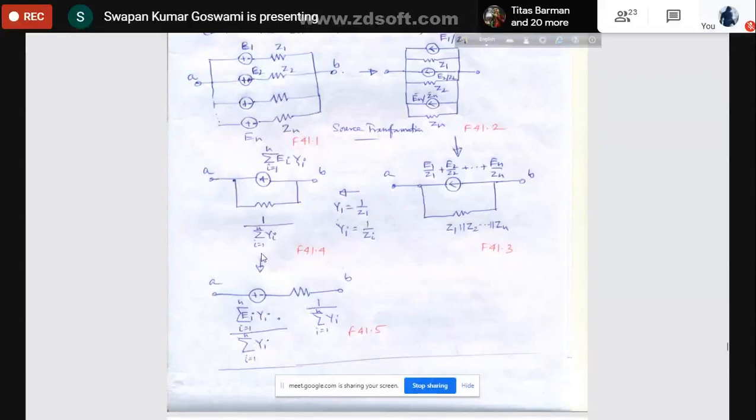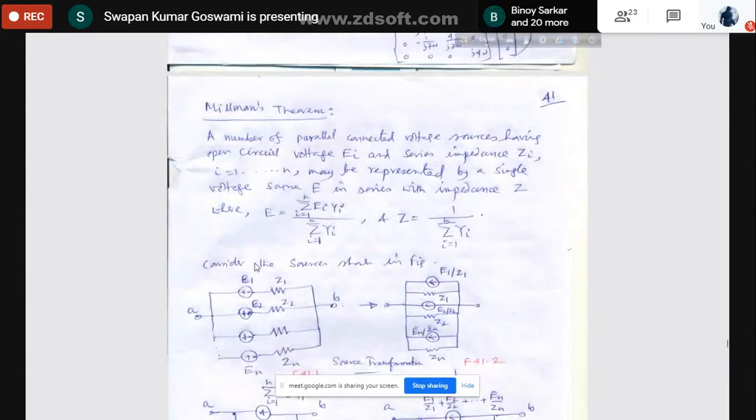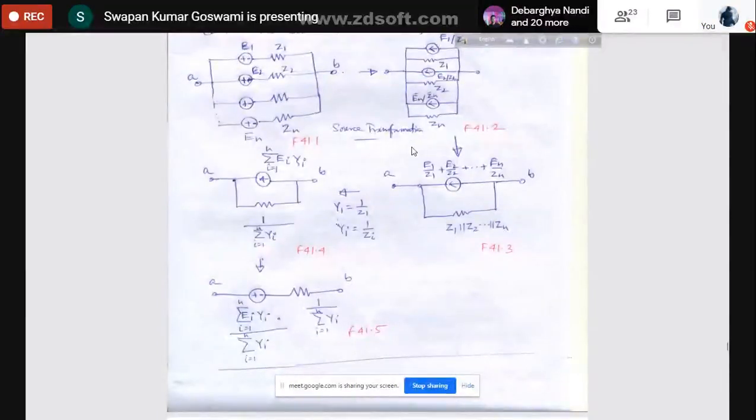So the series impedance will be 1 upon summation of Yi, i equal to 1 to n, and the resultant voltage will be summation of Ei Yi divided by summation of Yi. This is how, simply by applying source conversion to each and every source and finally converting the current source to a voltage source, we obtain a single source equivalent.